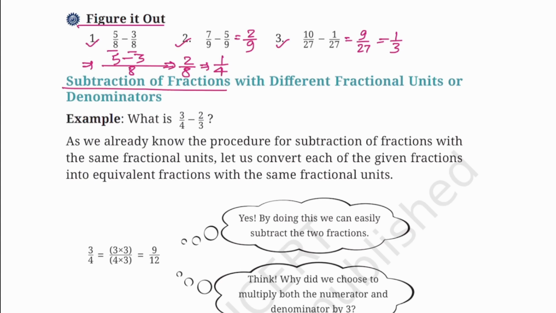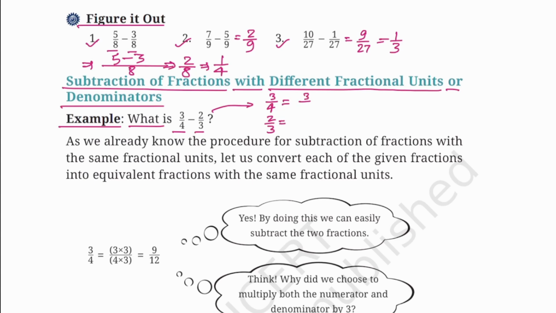Subtraction of fractions with different fractional units or denominators. Example, what is 3 upon 4 minus 2 upon 3? For doing this, just make the denominators equal. 3 upon 4 and 2 upon 3 have 4 and 3 as denominators.